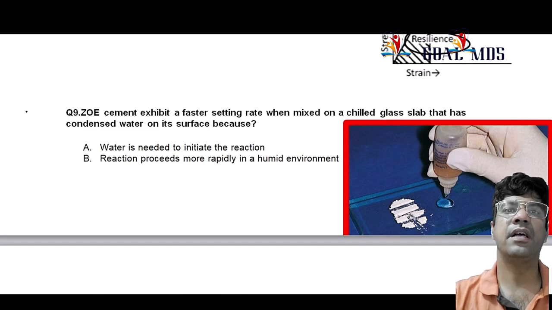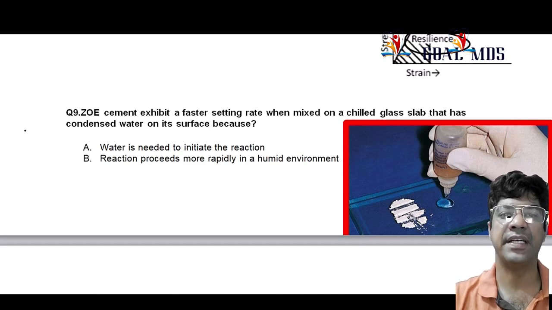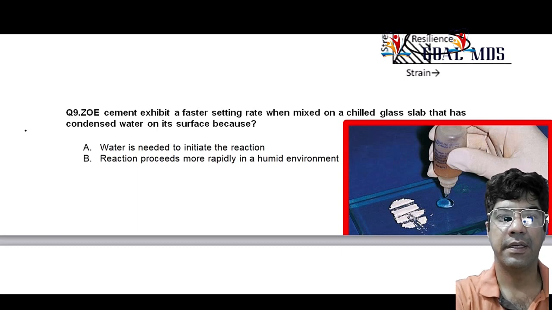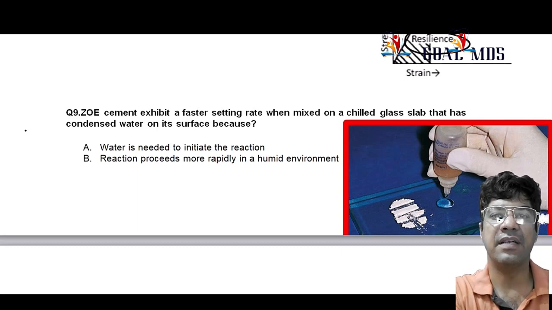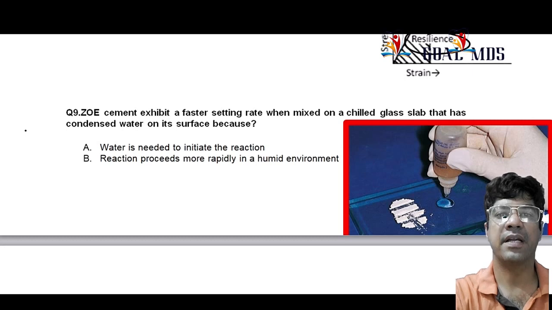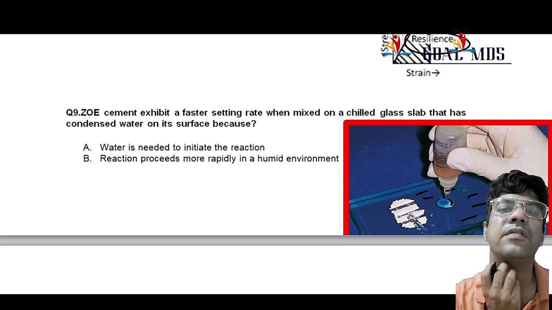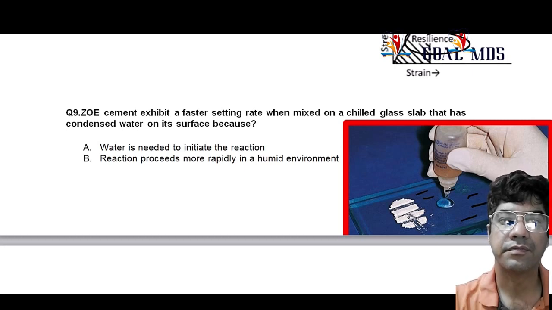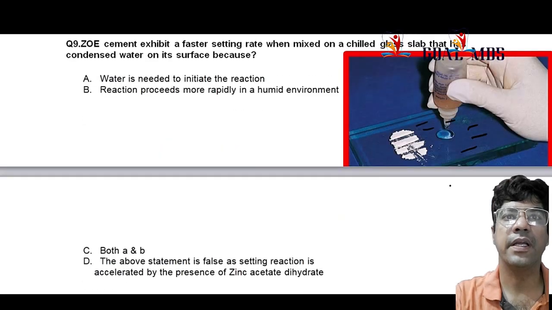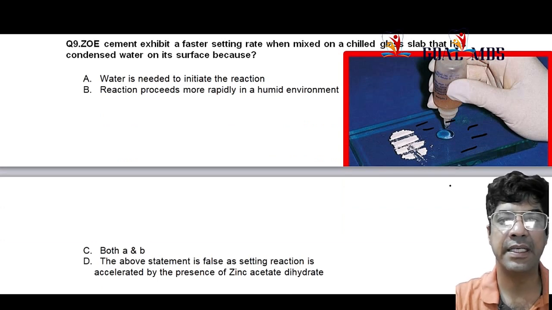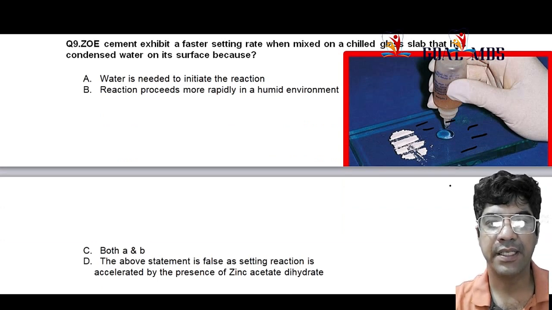Zinc oxide cement exhibits a faster setting rate when mixed on chilled glass slab that has condensed water on its surface. So the water is necessary to initiate the reaction.